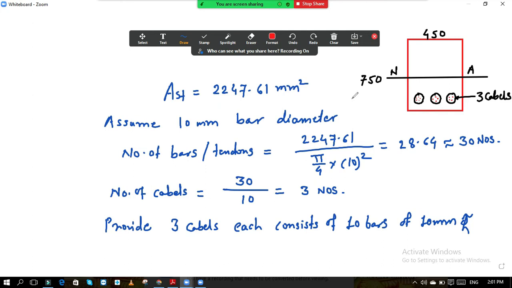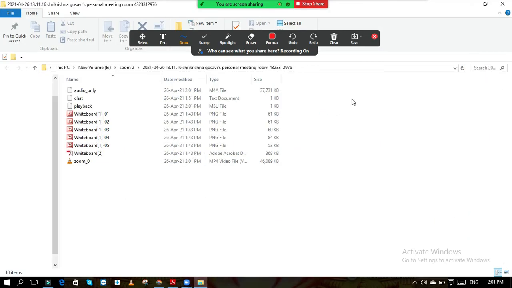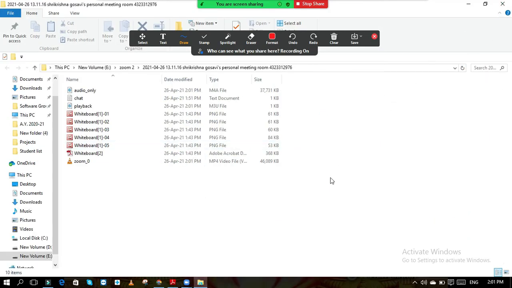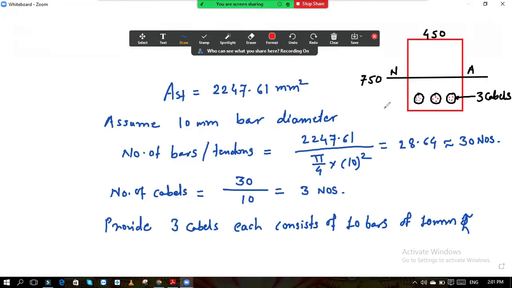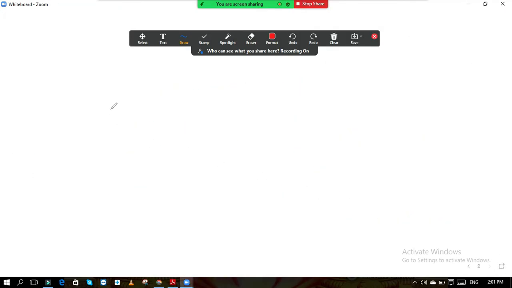So now the next step is step number 7, moment due to dead load. First calculate dead load. Dead load is nothing but self weight of the beam. So how do we calculate the self weight?